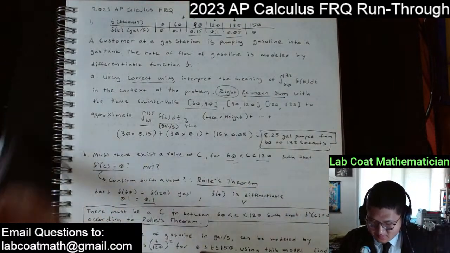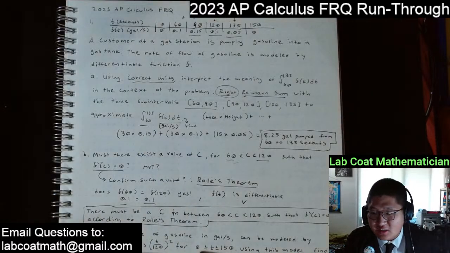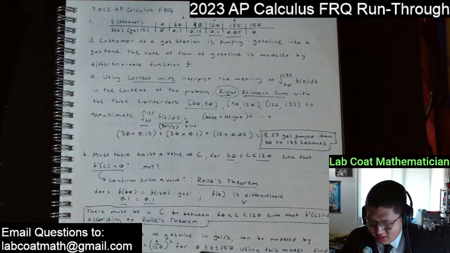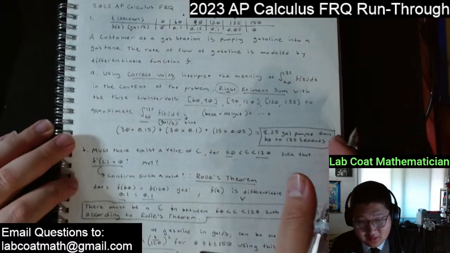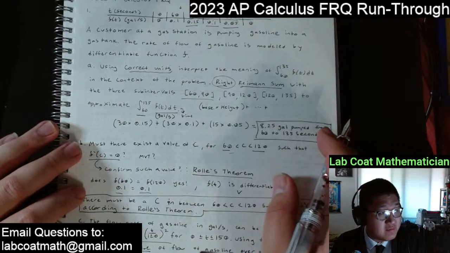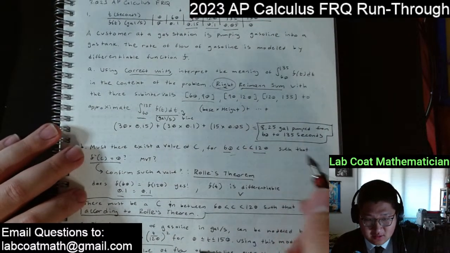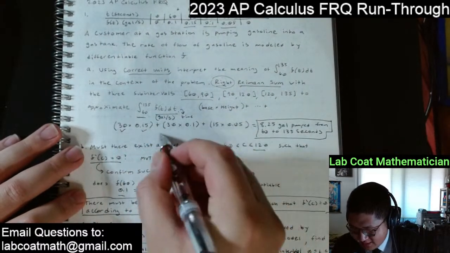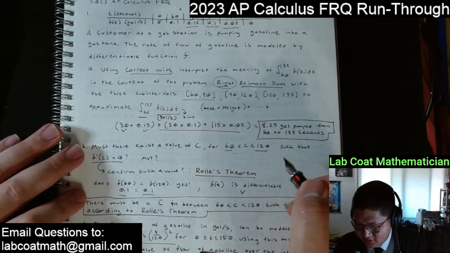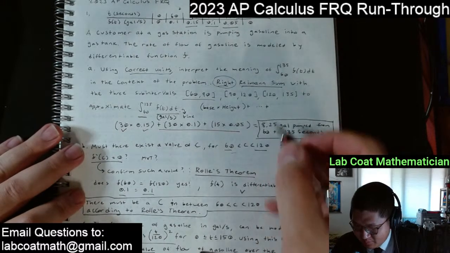Okay, so to begin with, in part A, it's saying that we need to use the correct interpretation of the meaning for the 60 to 135 for ourselves. So us showing the actual Riemann sum properly, that we run this through. In terms of the form of the Riemann sum, the base multiplied by the height, multiplied all the way across, we do get the actual total amount of 8.25 gallons.